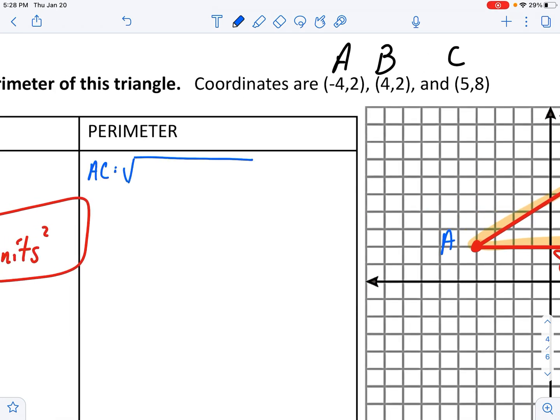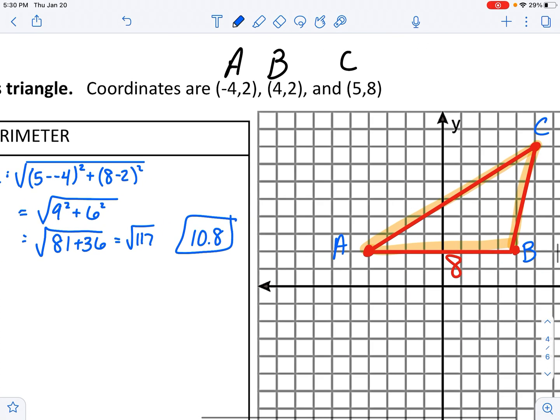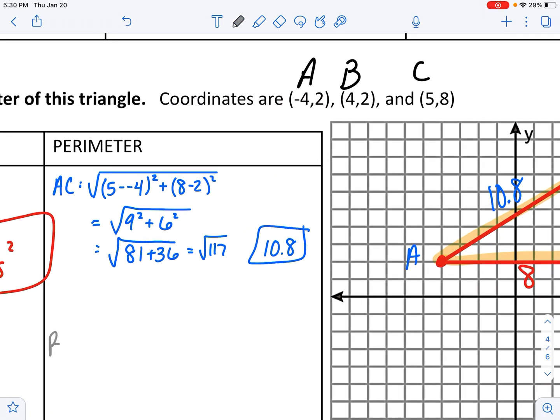So AC would be 5 minus -4 squared, 8 minus 2 squared, or 9 squared plus 6 squared, which is the same as 81 plus 36, or the square root of 117, which is 10.8. So this is 10.8.